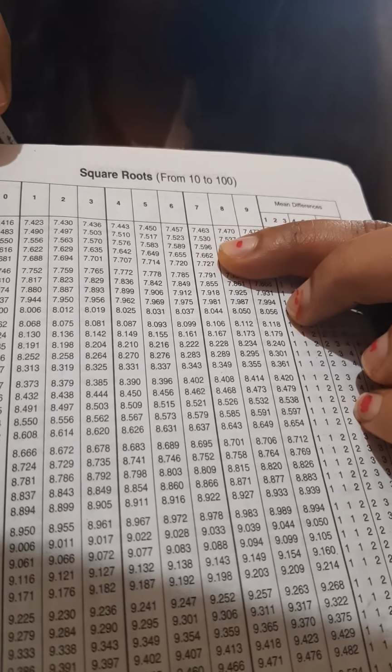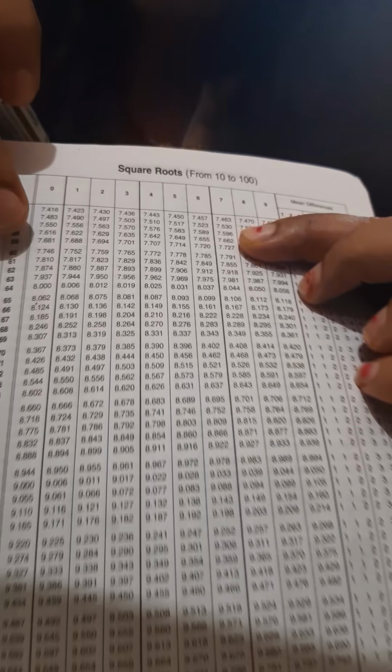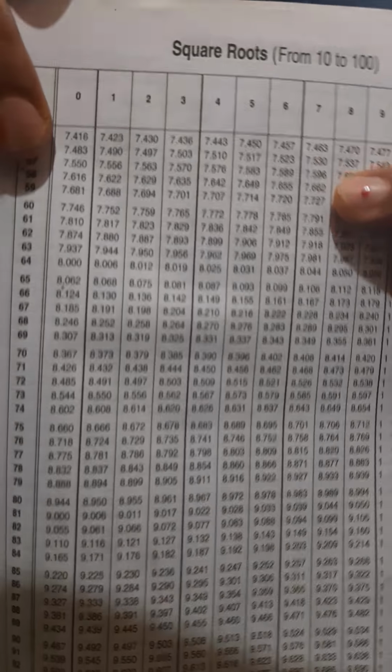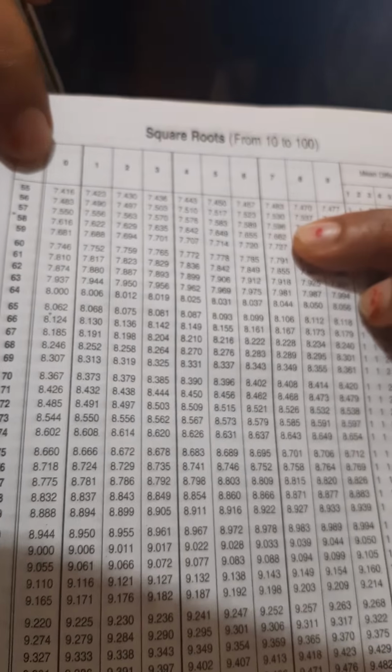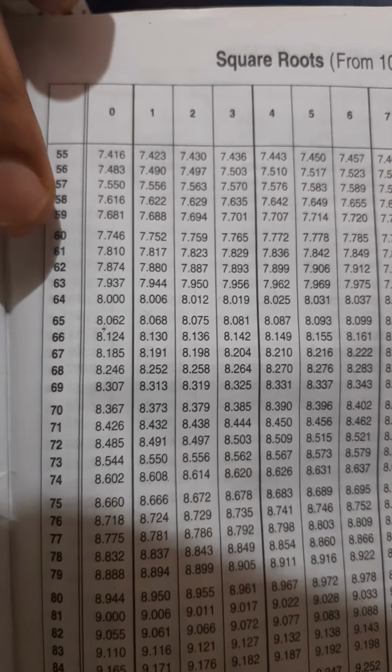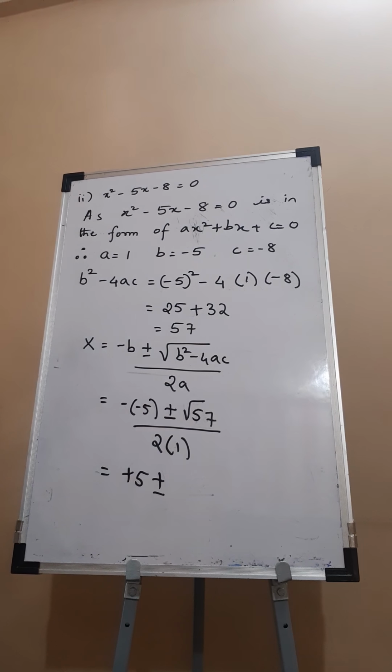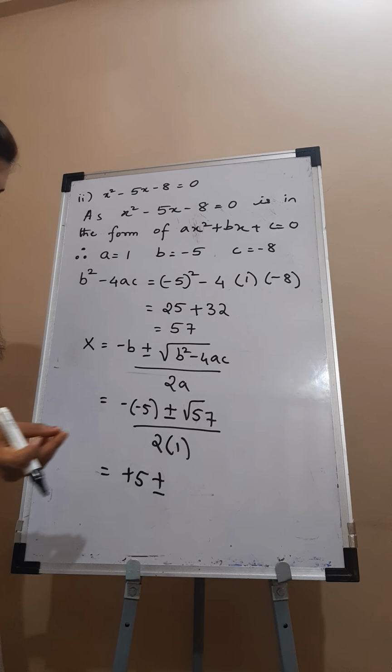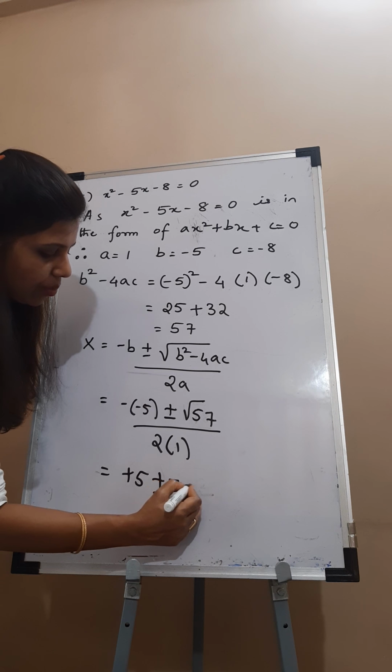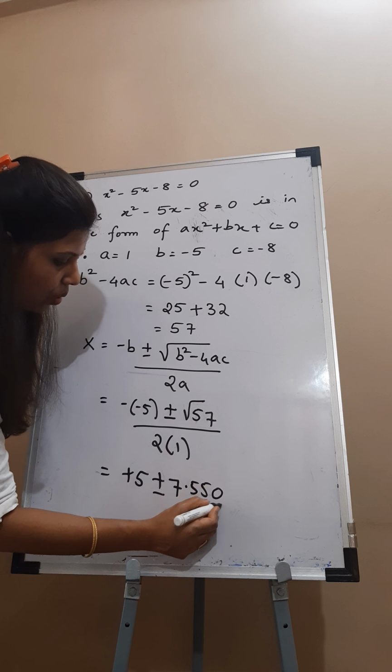Go to the first column where numbers are written, there is 57, and then check the value in the column 0. What is the value of root 57? That you have to write over here. So root 57 is 7.550. So you'll write here 7.550 upon 2.